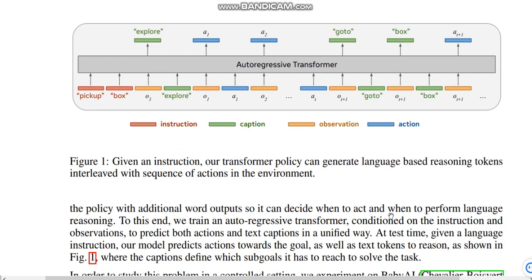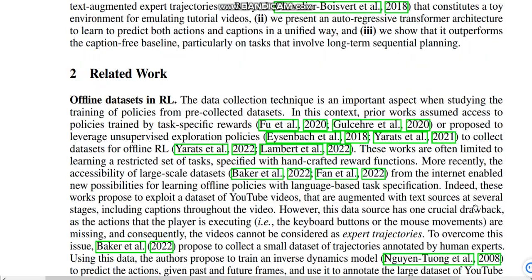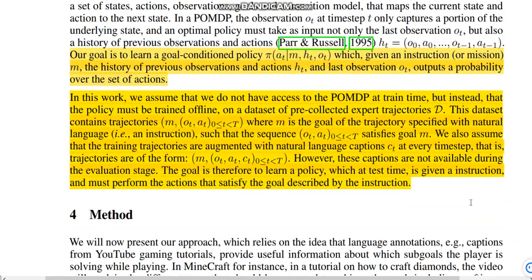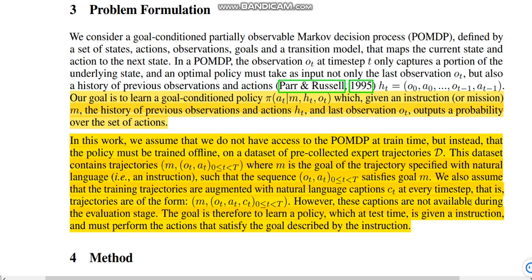So we have instruction, we have caption, we have observation, and we have action. The important parts that I highlighted here, first of all, I'm going to read from it. Our goal is to learn a conditioned policy pi of action given M, H, and O, in which, given an instruction or mission, which is M, and the history of previous observations, so you need the history of all the previous observations, although in the paper there's a window and not all the observations are given.